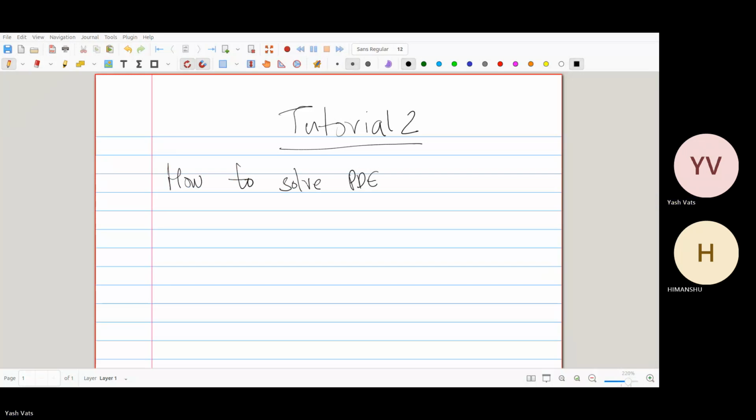Yeah. Okay, so there are two. One is direct integration, and the other one is separation of variables.